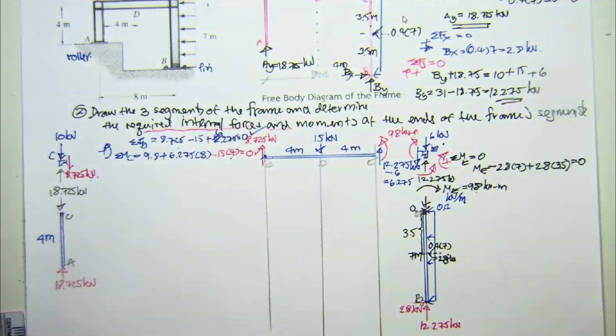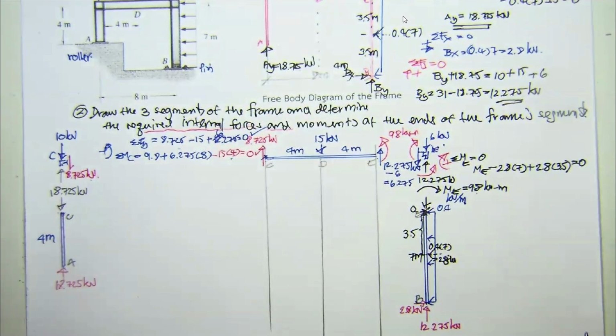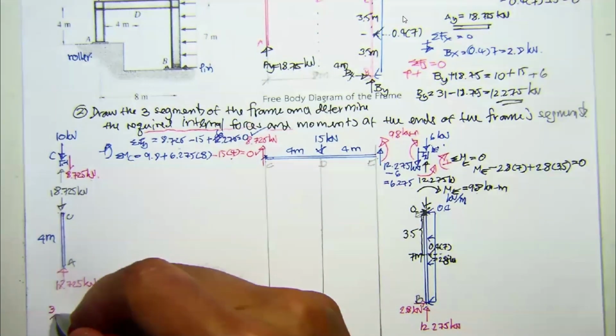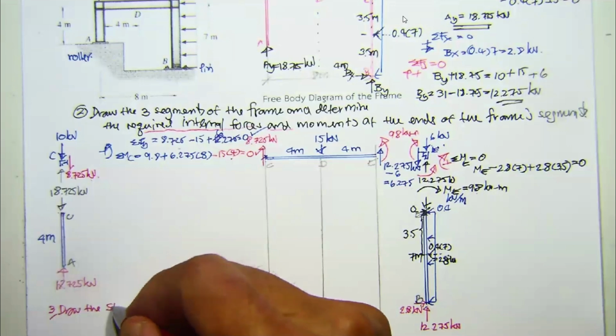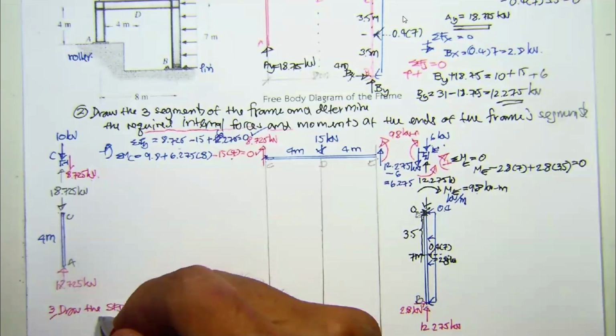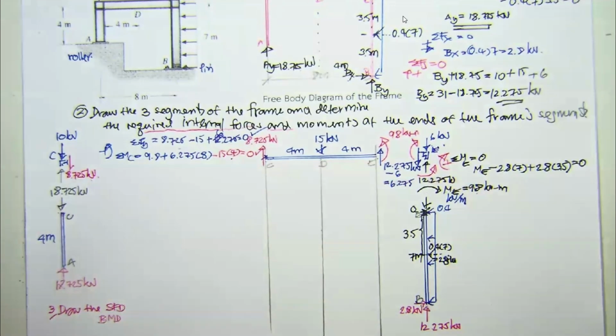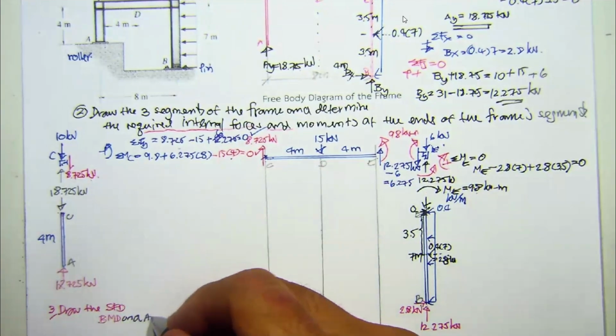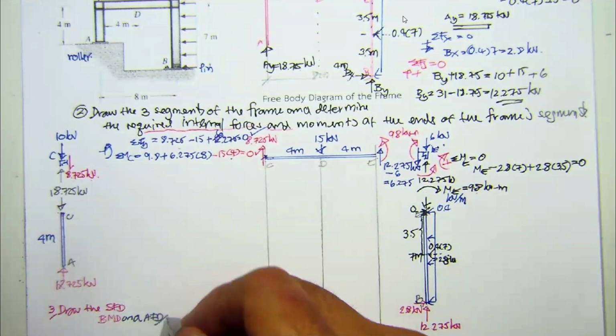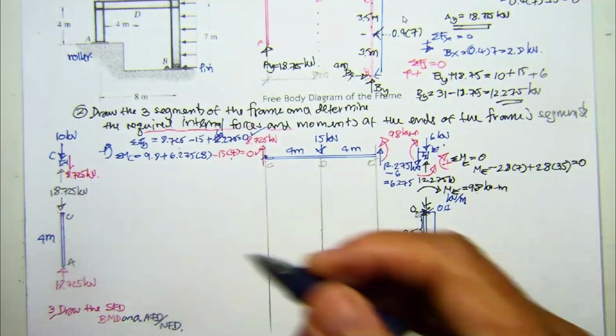Now we are ready for the third step. Okay, in the third step we will draw the shear force diagram, bending moment diagram, and also axial force diagram or normal force diagram.